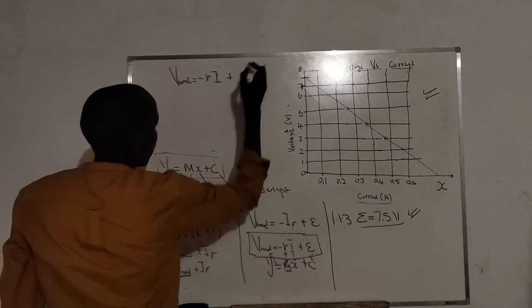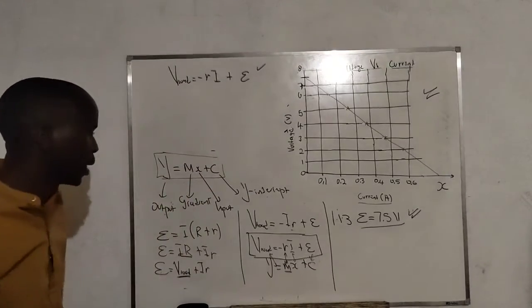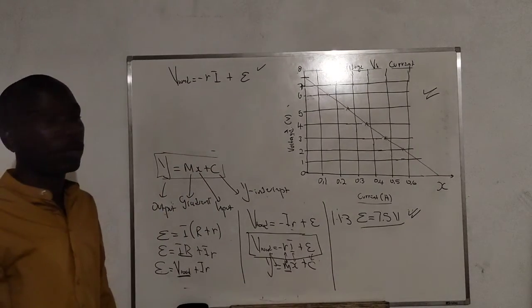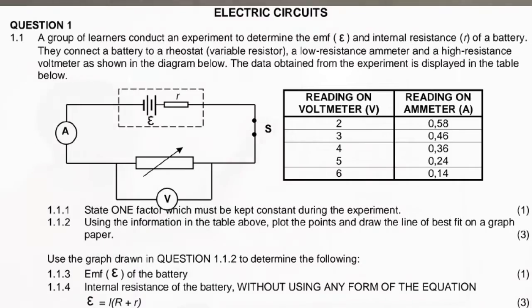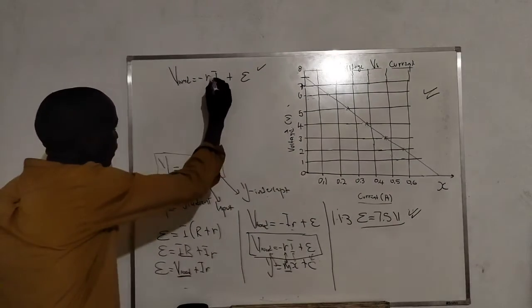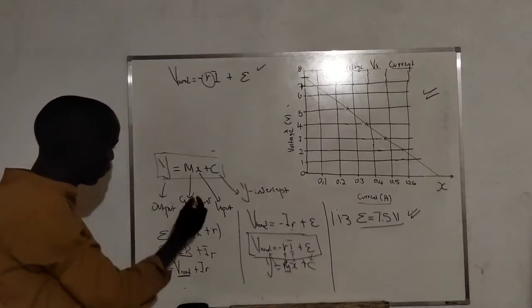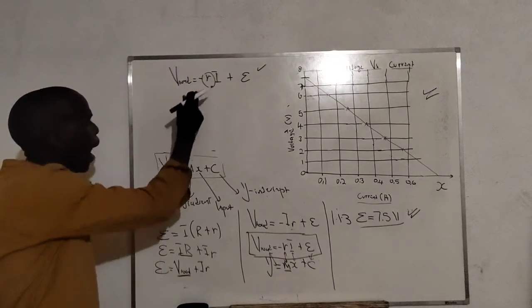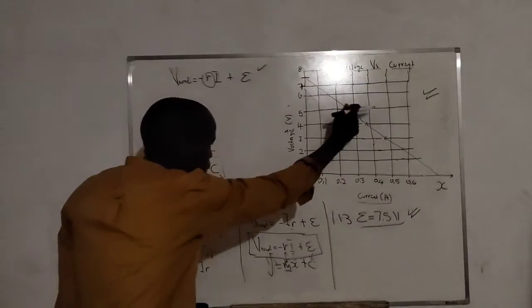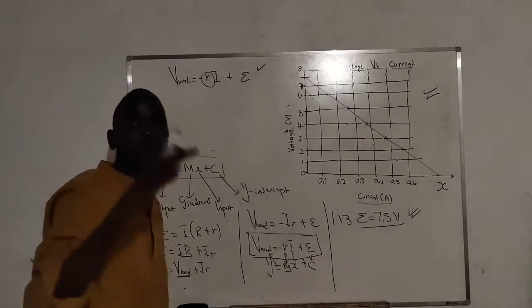I have just determined the EMF. Now they want us to find the internal resistance. According to the equation of a straight line in standard form, I have to find the gradient of my graph.